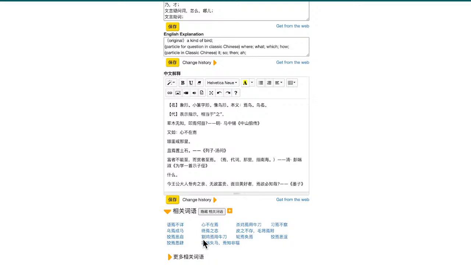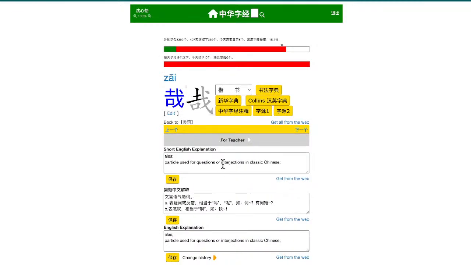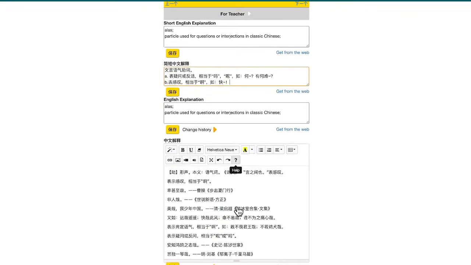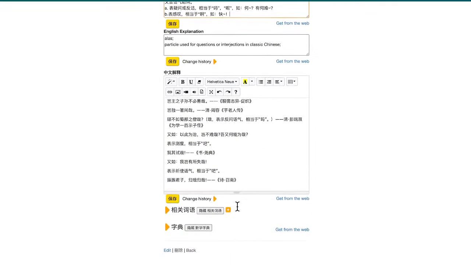They were passed down to nowadays and are still in use, not because they come from classic Chinese, but because they're actually in common use. So this is yan. Next one is 乎. 乎 is an interjection, a particle used for questions or interjections in classic Chinese. So this is also a very common character in classic Chinese and not used in modern Chinese unless you're quoting classic sayings.